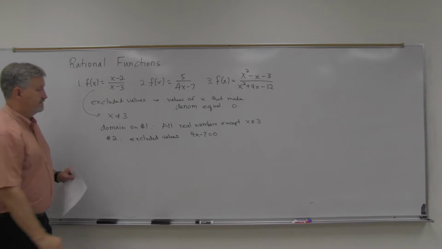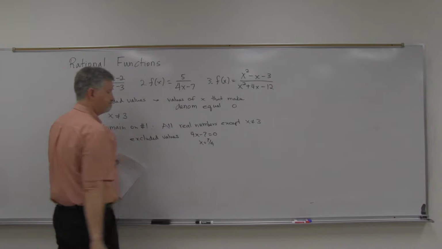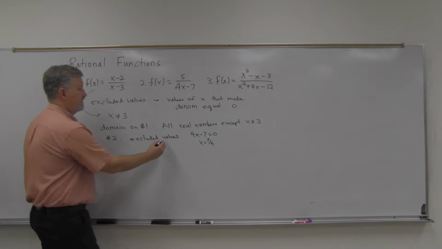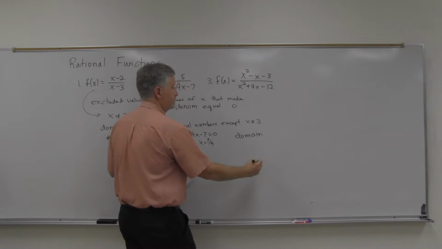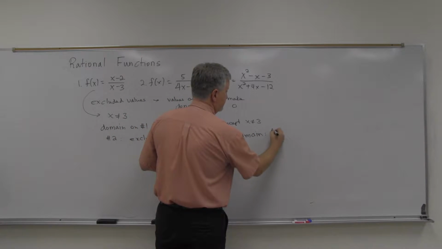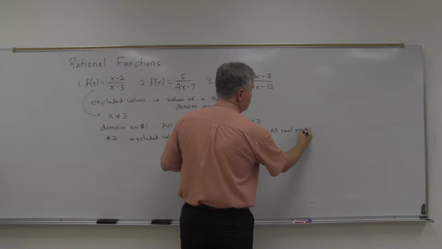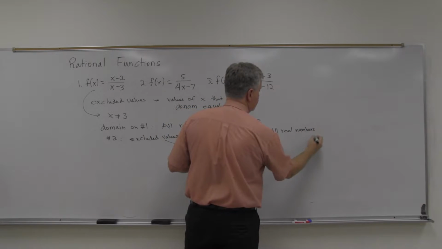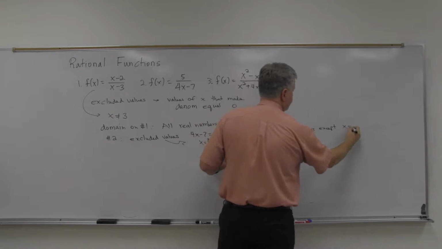You just can't have the denominator equal 0, and so add 7 divided by 4, that would be 7/4. That would be the excluded value, and so that means the domain would be all real numbers except 7/4.